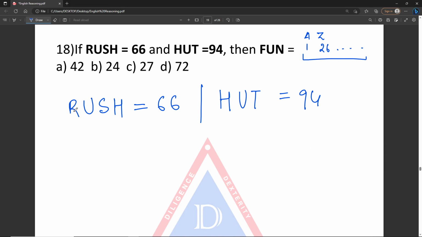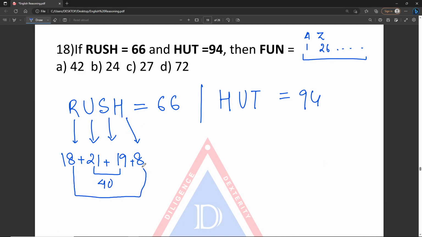I'm just doing it directly. So R's value is 18, U's value is 21, S's value is 19 and H's value is 8. If we add all four numbers, what does it come to? 21 plus 19 becomes 40 and 18 plus 8 becomes 26. If we add both numbers, it comes to 66. See, we can see 66. Let's see the next case.